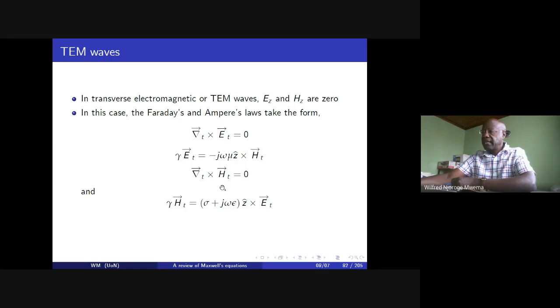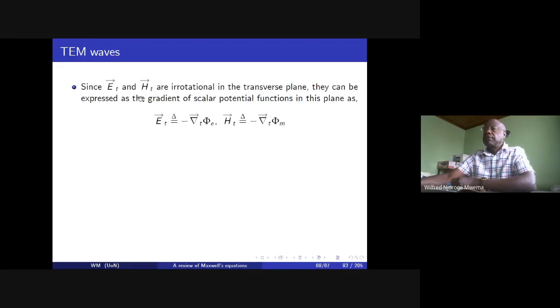And again, for Ampere's law, Ez is equal to 0, and therefore the transverse curl of the transverse component of the magnetic field intensity is also equal to 0. And for the transverse fields, we can have that kind of expression there. So now E_T and H_T are irrotational because the curls are all equal to 0 in the transverse plane.